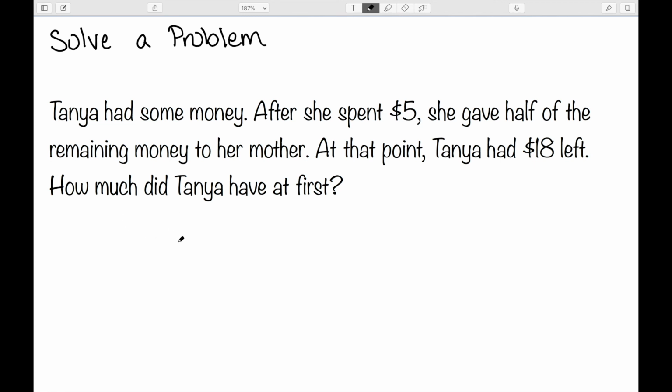So after she spent $5, we would have T minus 5. After she gave half to her mother, she's left with the other half, so half of this. That amount of money is also $18. So we have this equation here. To solve the problem, we would want to solve the equation. We want to figure out what number for T makes the equation true.